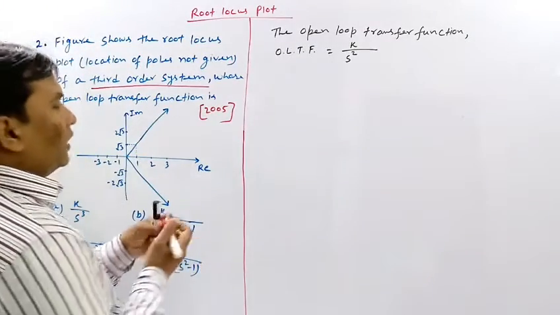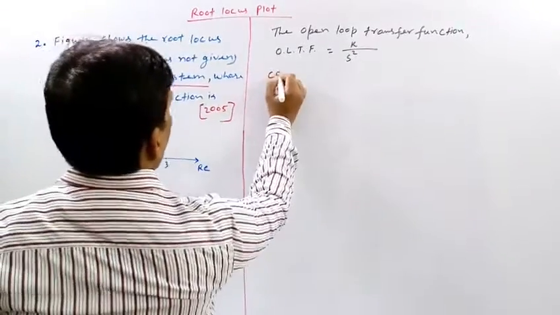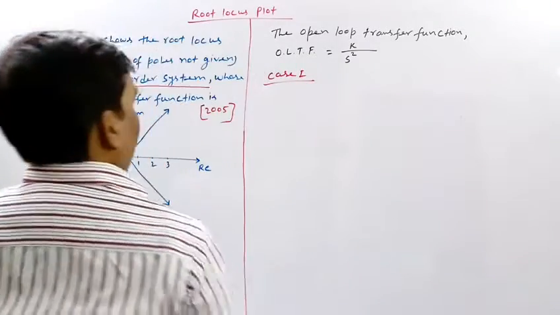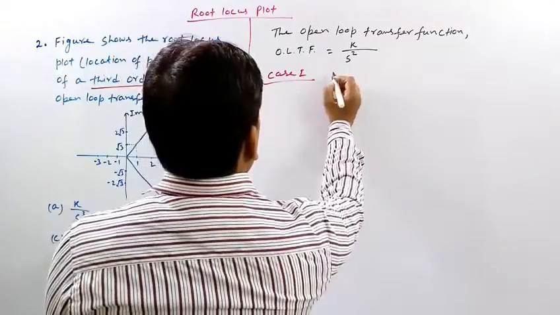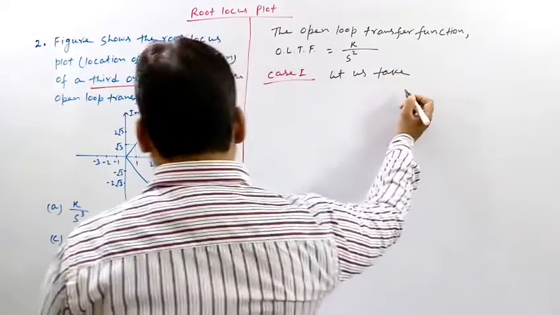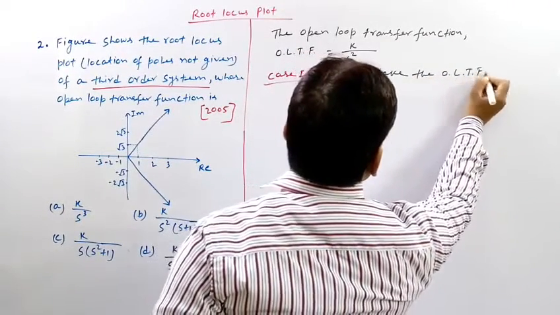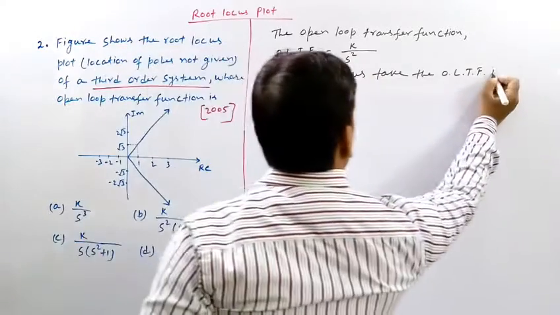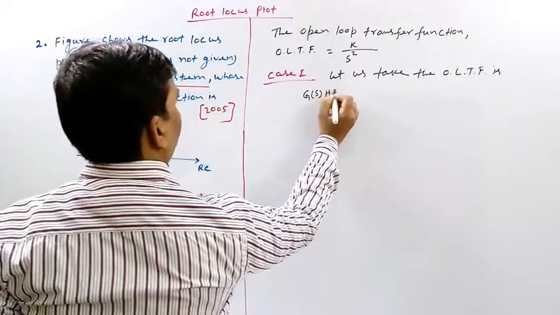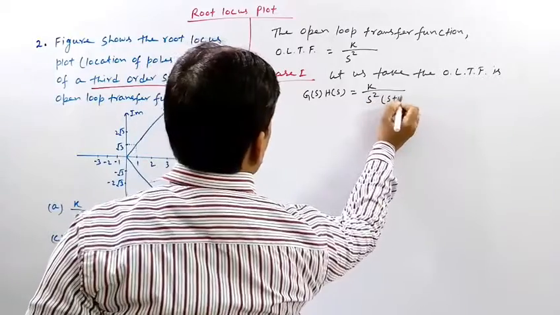So let us take case 1. The OLTF, G(s) into H(s), equals K divided by s square into s plus 1.